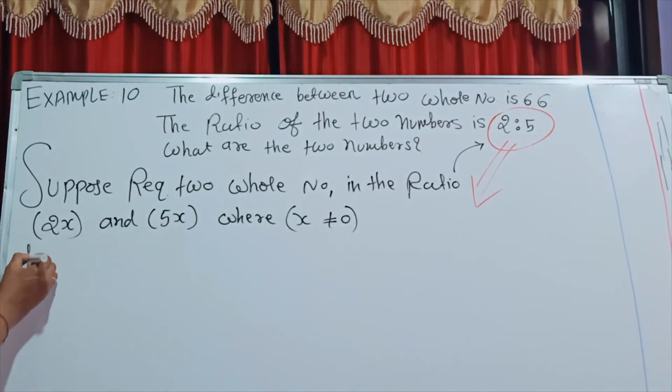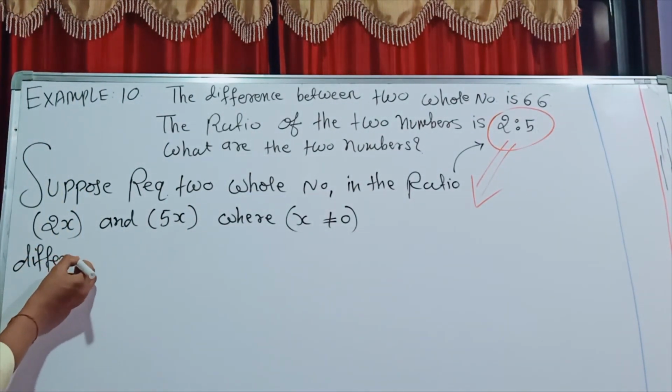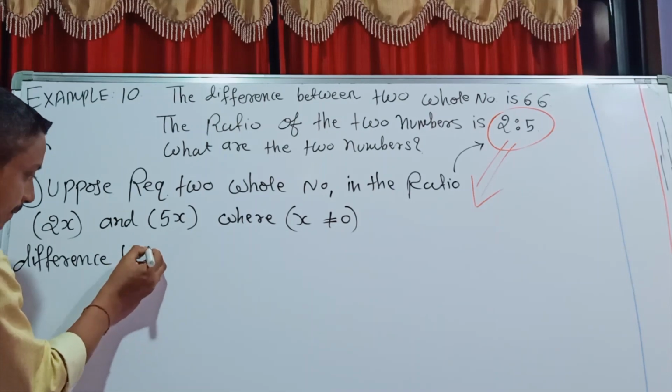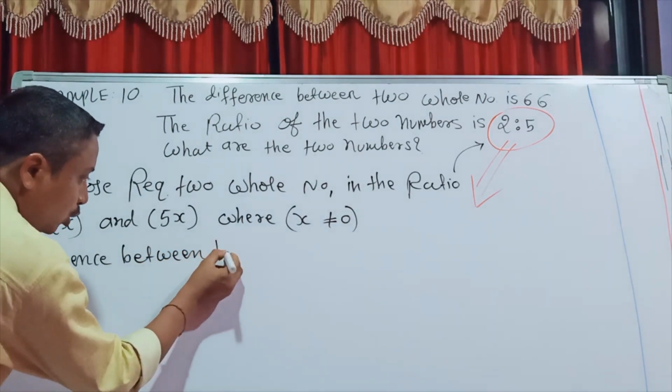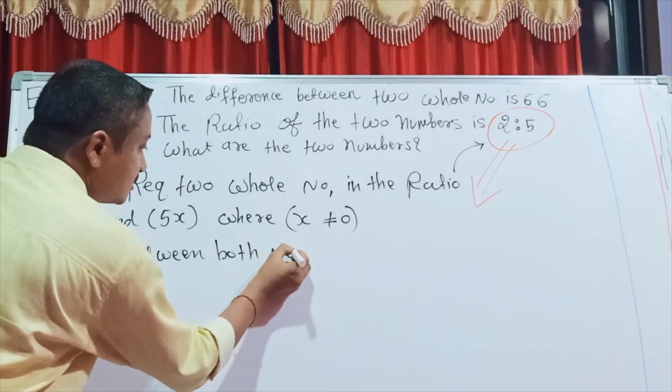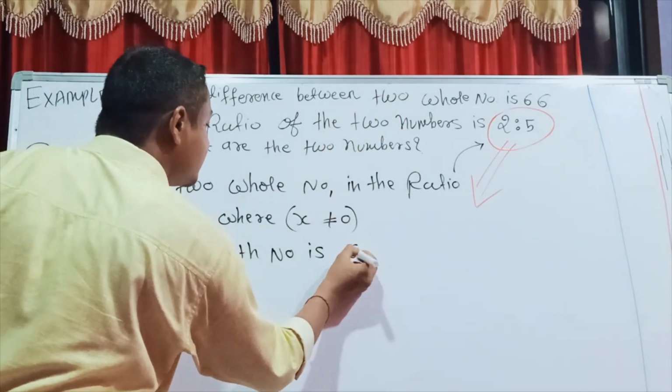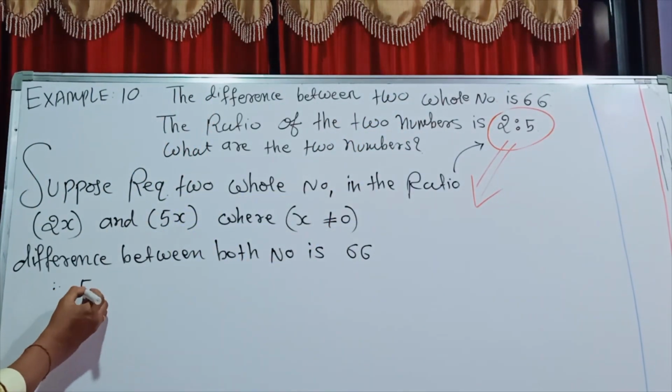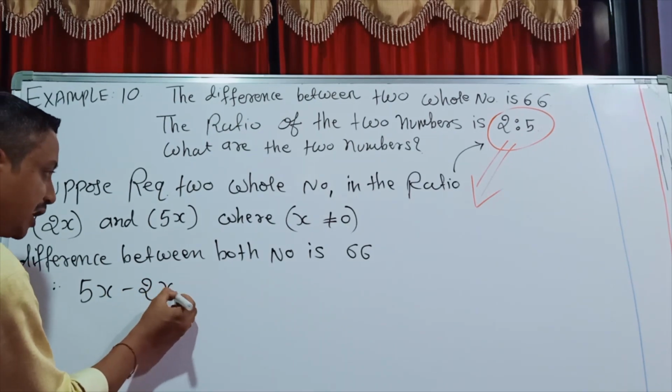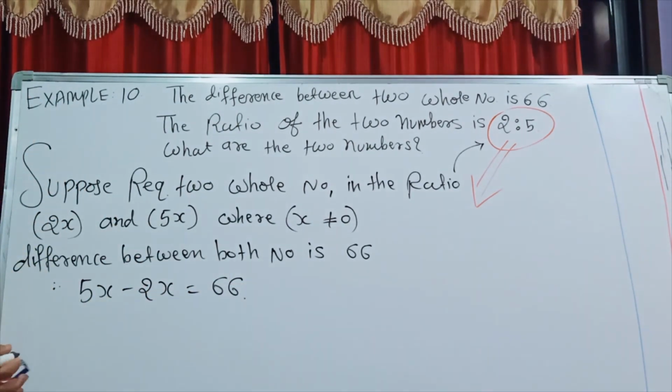Our question is the difference between them, so I calculate the difference. What is given between both numbers? Yes, it is 66. That's why I write maximum number minus minimum number is equal to 66.